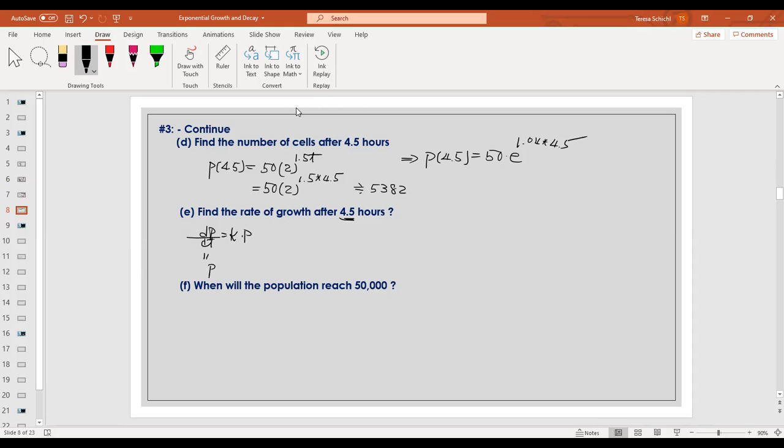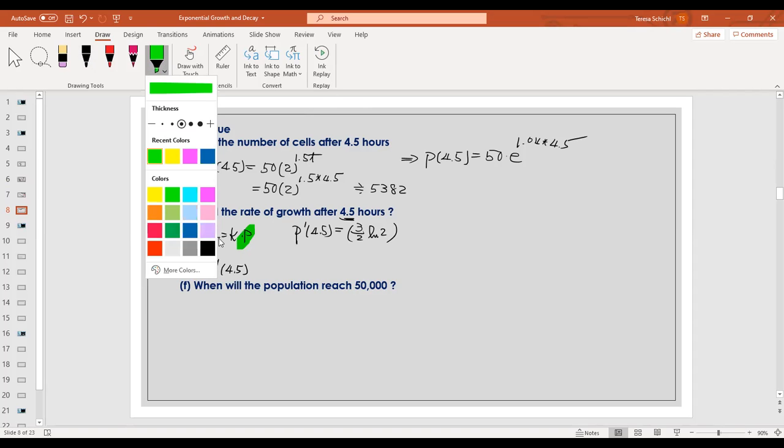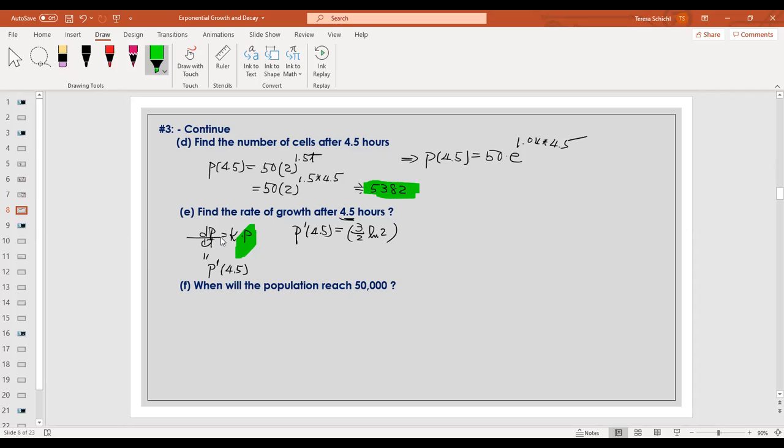So that means this is P'(4.5). All right, so P'(4.5) will be k times P. What is the k here? So k is 3/2 natural log 2. And then the P, remember here, this is the population at 4.5 hours.